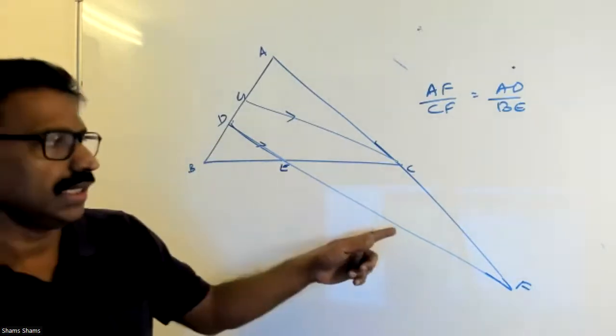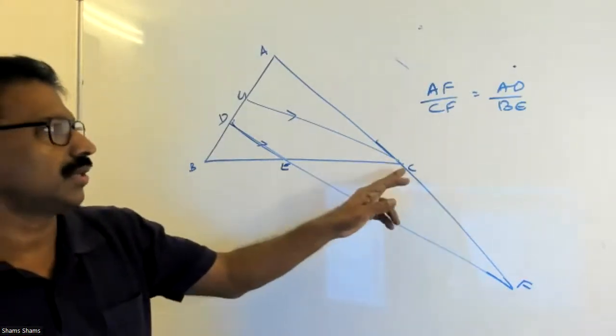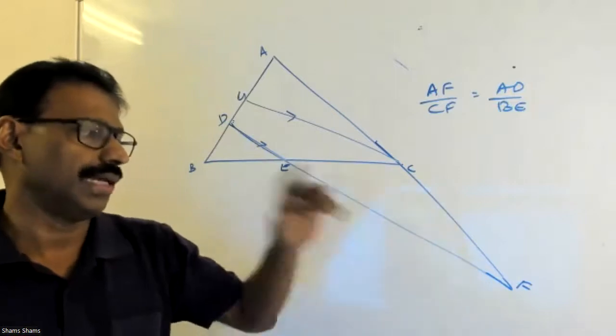Clear now? Through C, draw CG parallel to DF.